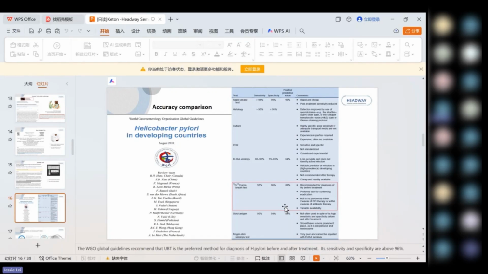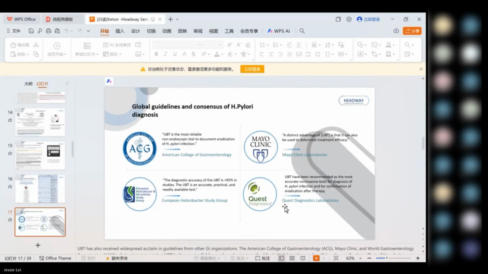Okay, the WGO mentioned that UBT is the preferred method for diagnosis of H. pylori before and after treatment. Its sensitivity and specificity are above 96%.